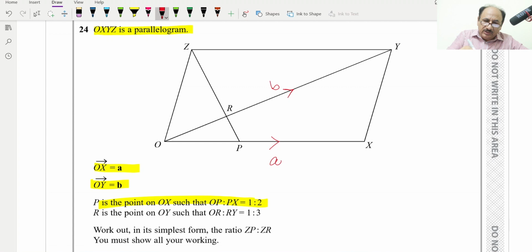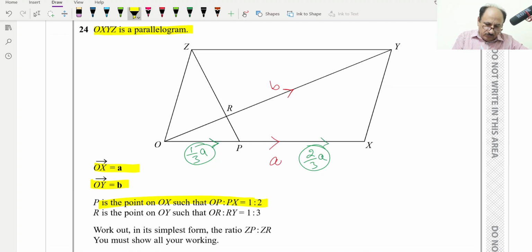So 1:2 means OP will be 1/3 and PX will be 2/3. So 1/3 A and 2/3 A, and the direction will be this one which we have indicated.